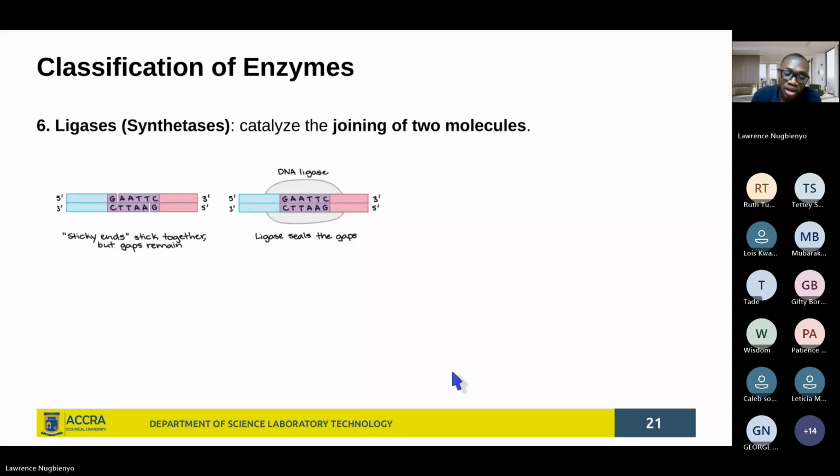These are oxidoreductases, transferases, hydrolases, lyases, isomerases, and ligases. Six of them. I think it's okay for now. We can stop here. The next time when we meet, we can continue.